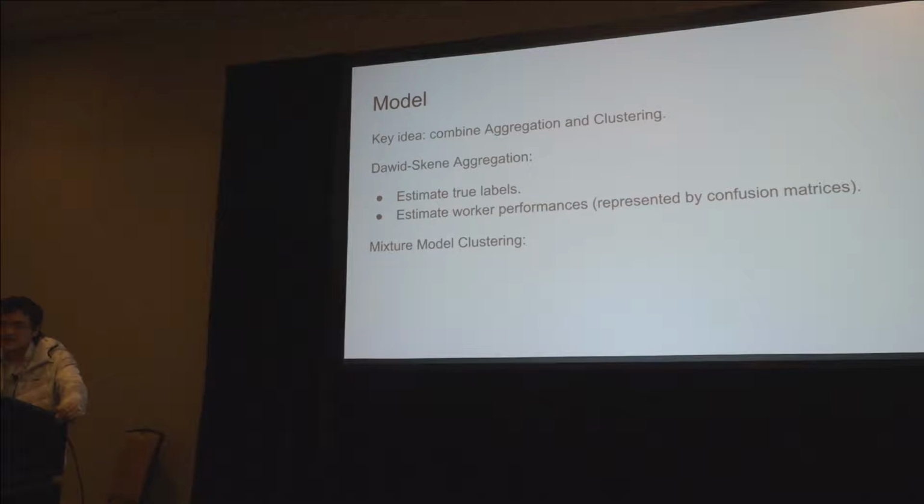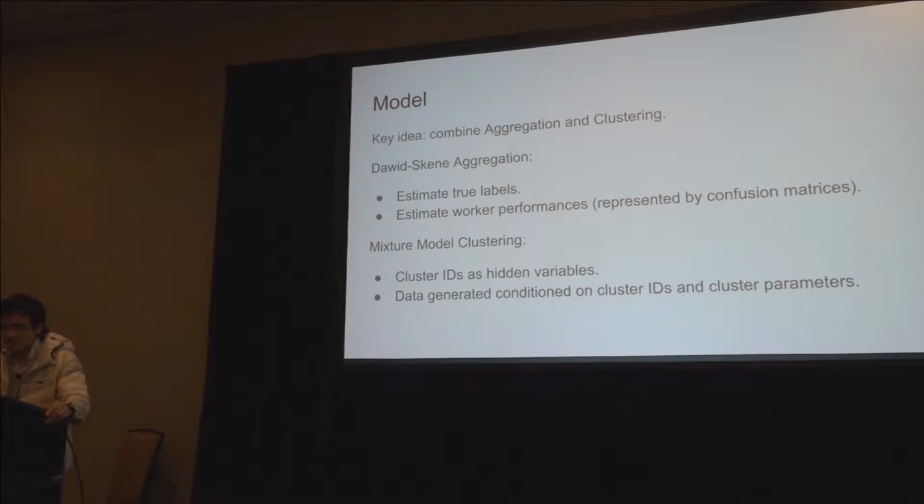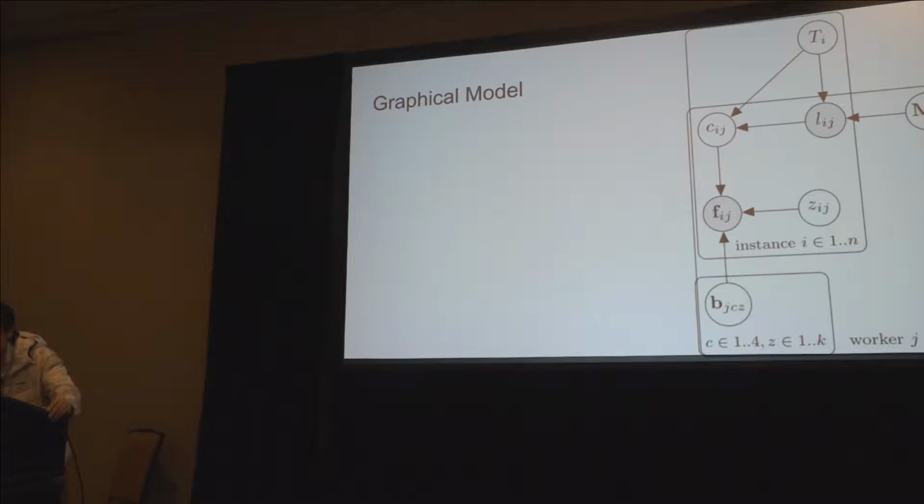That was the aggregation modeling, and for clustering, we also use a very basic clustering algorithm based on a hidden variable mixture model. In this model, the assumption is that the cluster IDs are hidden variables and the data is generated conditioned on the cluster ID and parameters.